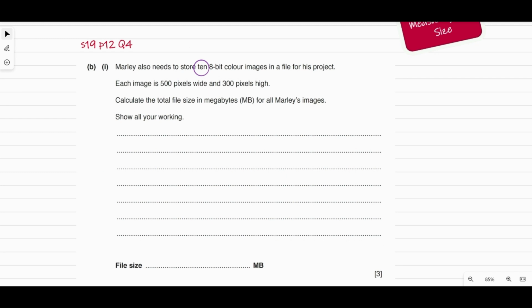Then 8-bit color images. In a file for his project, each image is 500 pixels wide and 300 pixels tall. I can write px. Calculate the total file size in megabytes.